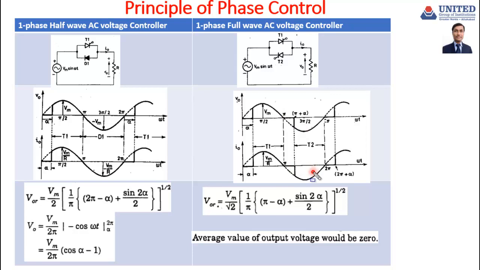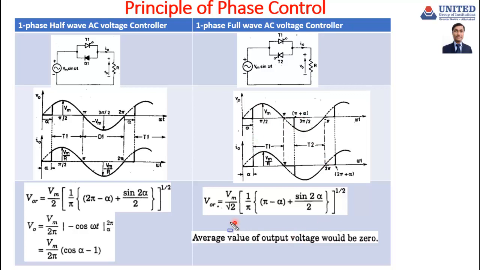Here we see that there is no DC component in the supply and load circuit. Therefore, this circuit is more suitable for practical use than the single phase half wave circuit. That is why it is called single phase bidirectional voltage controller.